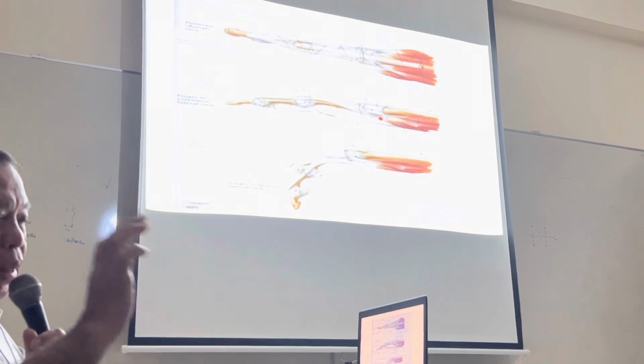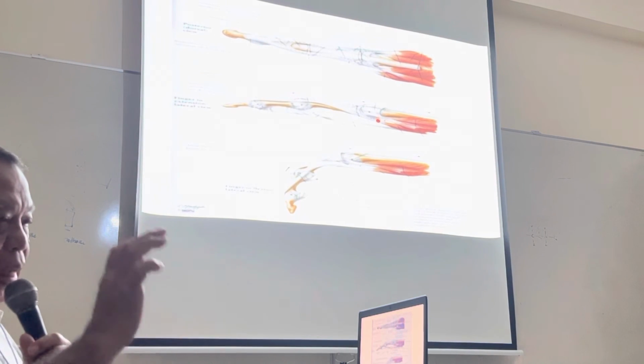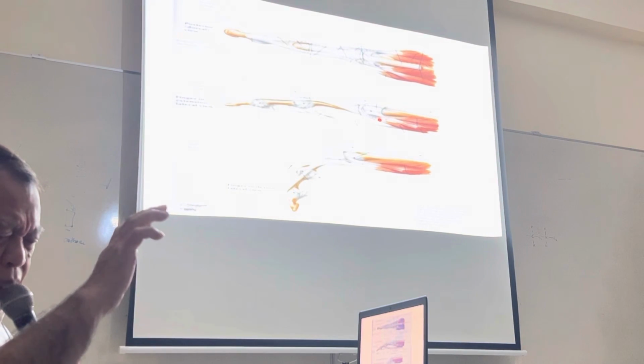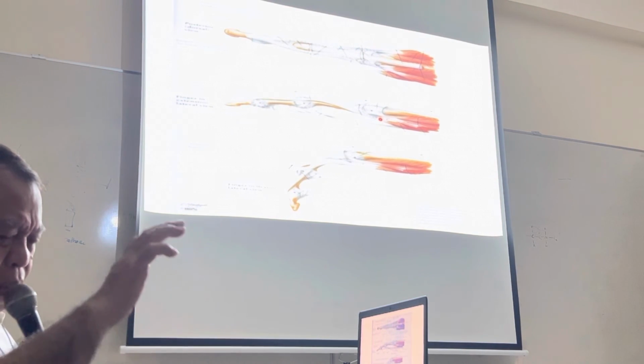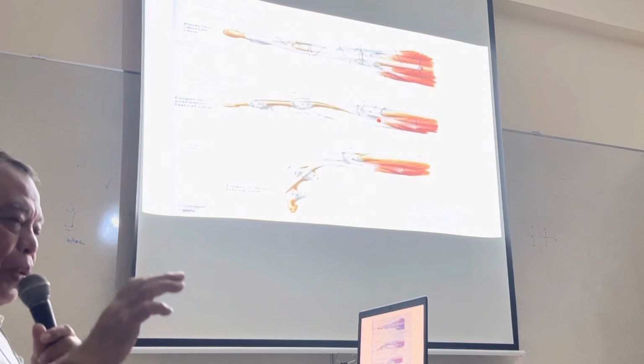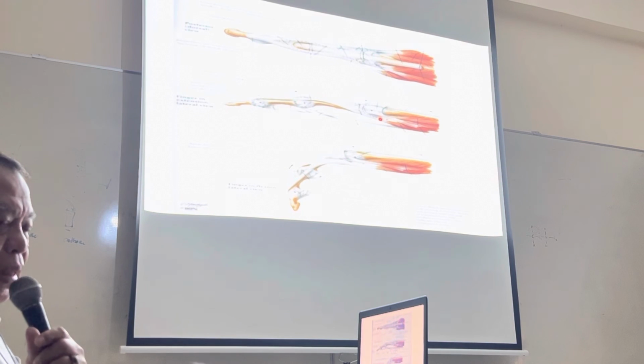The action of the interossei, being inserted into the dorsal expansion, is to flex the metacarpophalangeal joint.